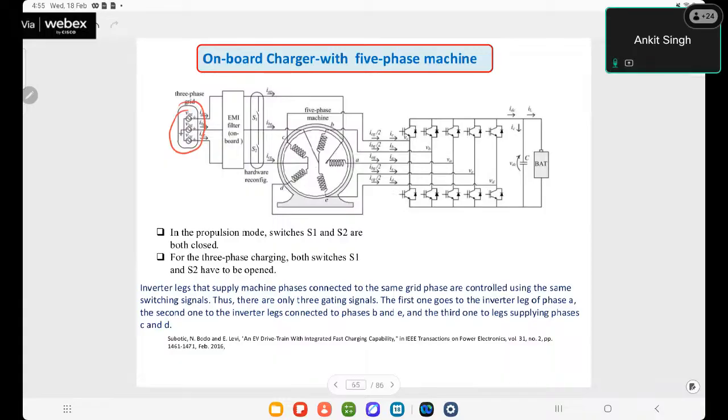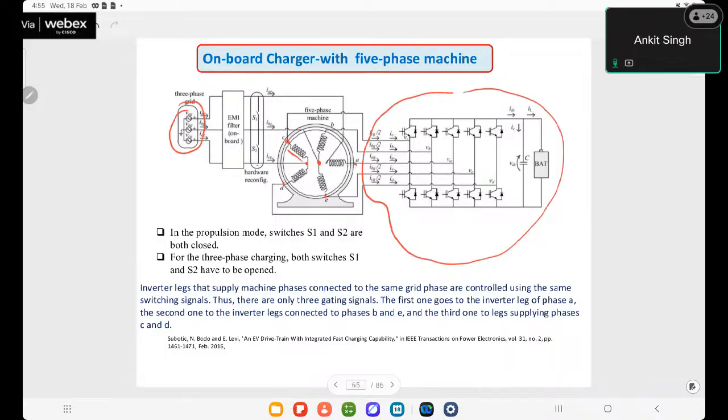Phase A is connected at terminal A, phase B is connected to winding B and E, and phase C of the grid is connected to the other two windings, as we can see here. This is the arrangement.